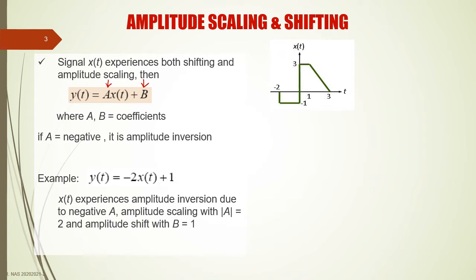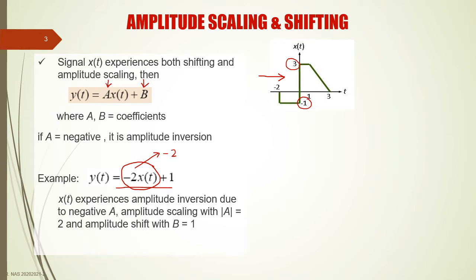So if you have this equation and the original signal as this, what you need to do, the first one, you need to settle the first part. In this case, you know that the amplitude is scaled by -2. So this is the original amplitude, and all amplitude will be multiplied by -2.